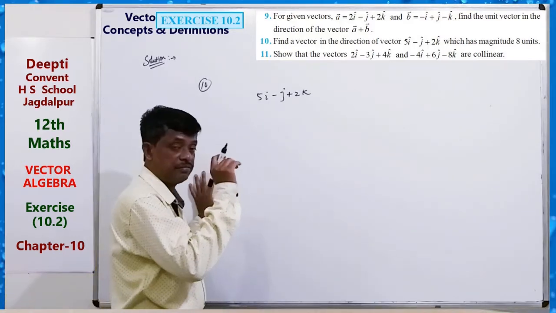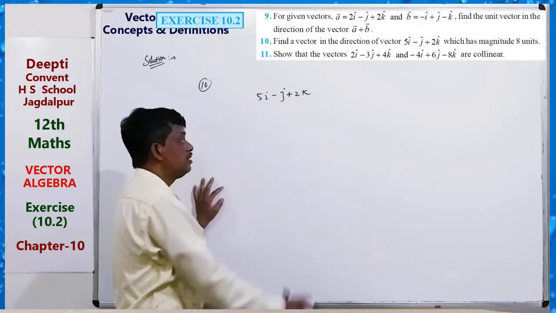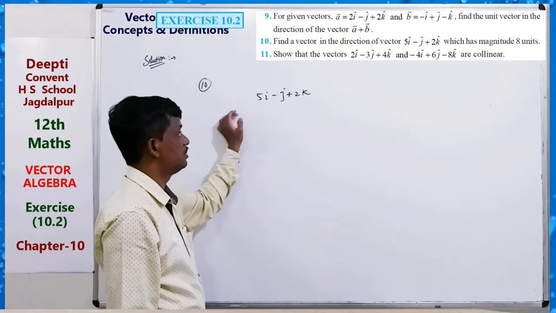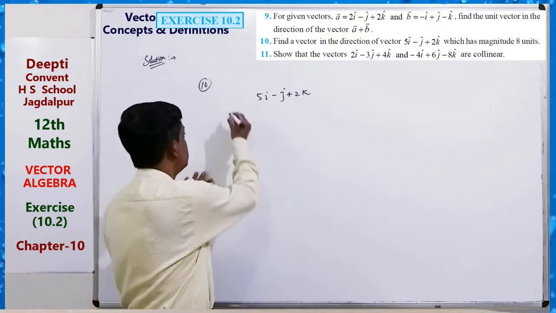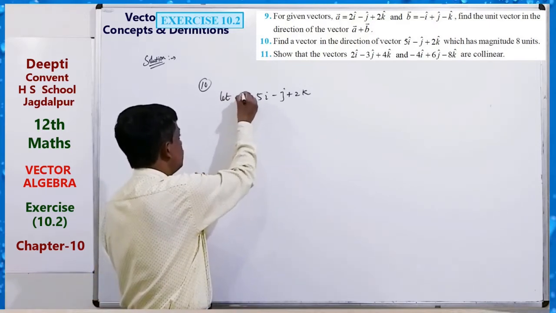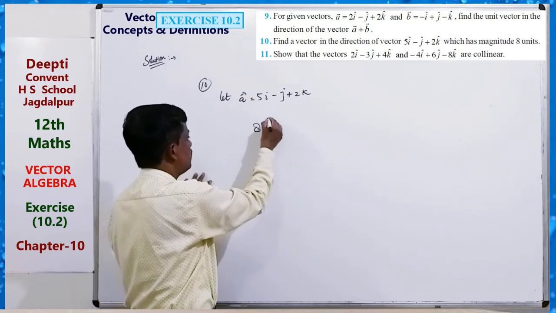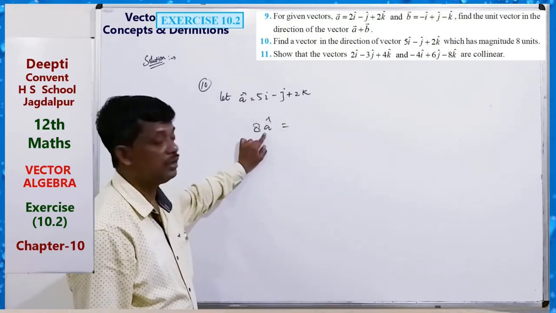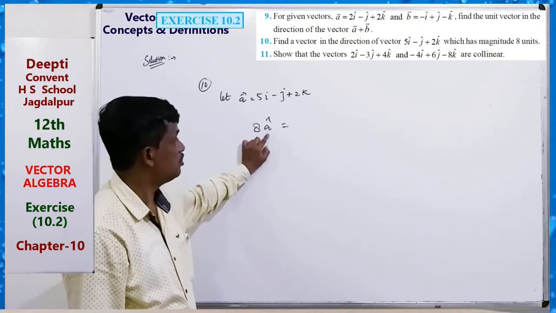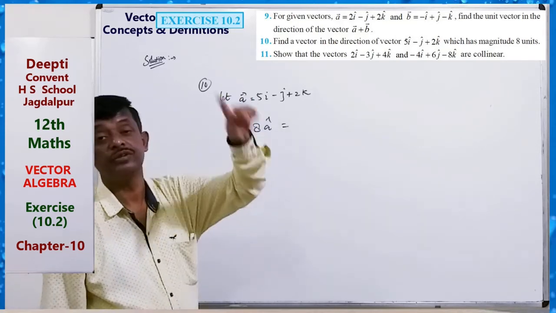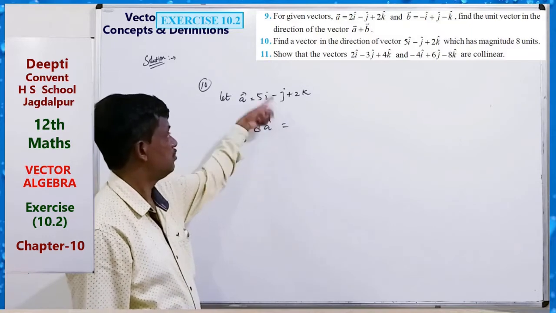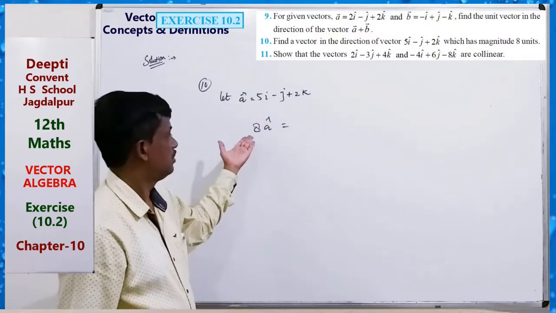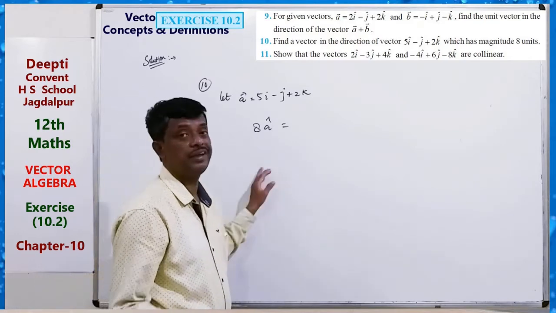For finding vectors with magnitude 8 in this direction, we have to find 8 times a cap, where a cap is the unit vector in this direction. Just find the unit vector in this direction and multiply it by 8. Then its magnitude will be 8.